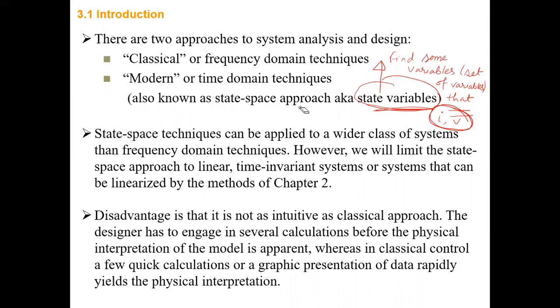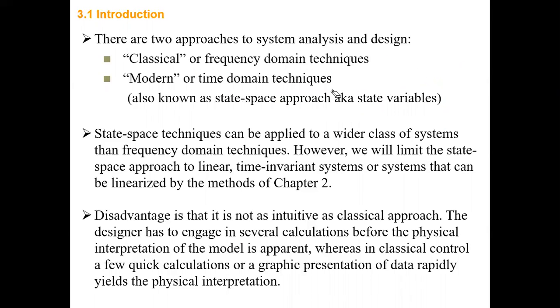So the state space approach can be applied to a wider class of systems, unlike the classical approach. In the modern approach, we can solve more problems as compared to the classical approach.